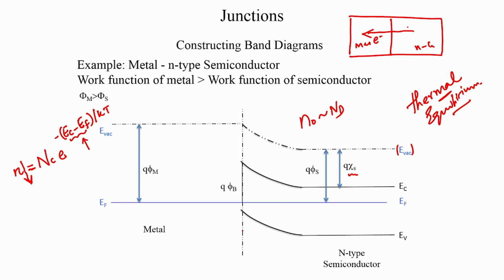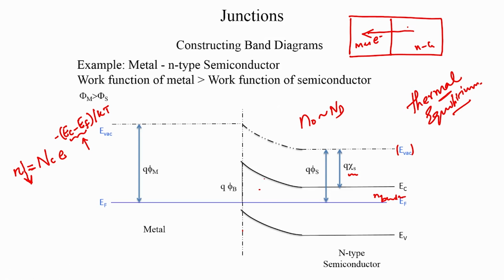Therefore, since this region has fewer electrons as compared to the bulk, which is very far away from the interface, the conduction band edge will move away from the Fermi level. It is no longer going to retain its position here; close to the interface it is going to move far away, and then a little after that it will be located there, and there, and there, and therefore you have a gradual bending of the conduction band edge with respect to the Fermi level.